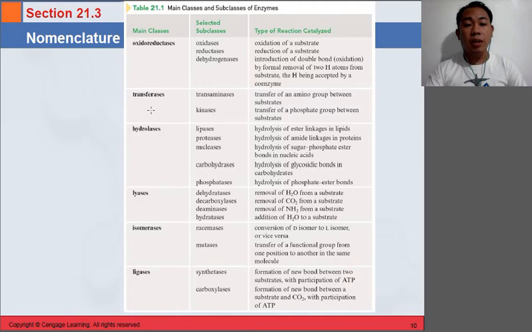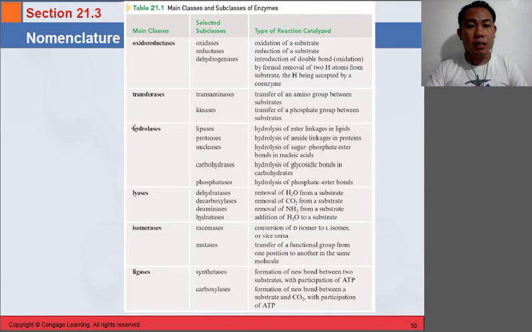We have here the transferases. We have different subclasses, the transaminases and the kinases. The function of transaminases is the transfer of an amino group between substrates. In the kinases, we have transfer of a phosphate group between substrates.